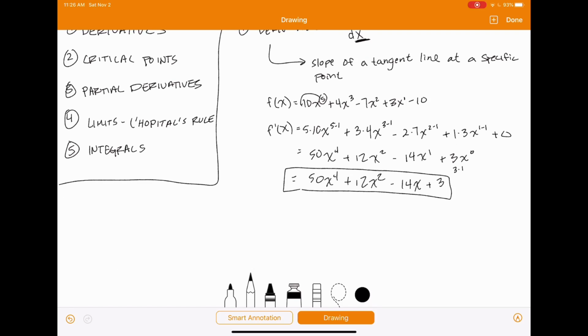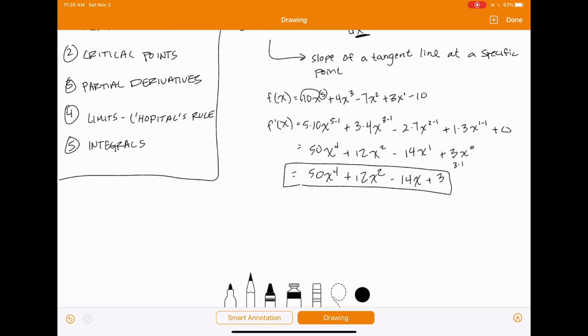All right, so if you wanted to find the second derivative, so f double prime of x, you would just take the derivative of the derivative. So we're going to take the derivative of this right here. 4 times 50x to the 4 minus 1, plus 2 times 12x to the 2 minus 1, minus 1 times 14x to the 1 minus 1, plus 0.